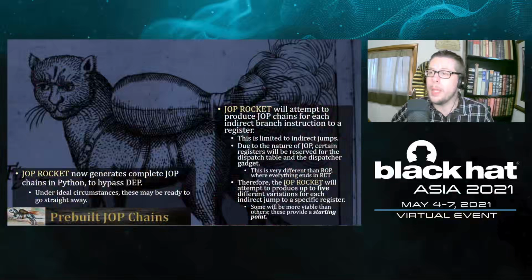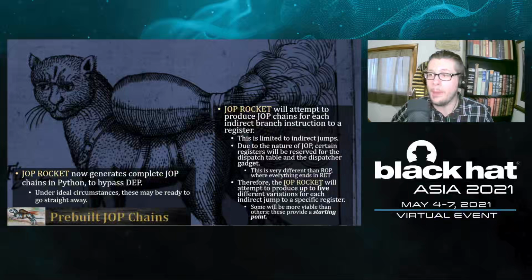Now, what JOP Rocket does is it'll try to produce distinct JOP chains for each and every register, because remember, these registers are very conflicted. We have a register always tied up for the dispatch table and also tied up for the dispatcher gadget. So if we interfere with those registers, it breaks the control flow.